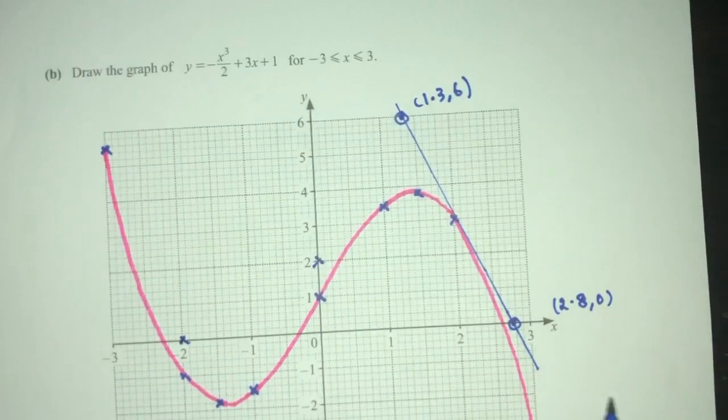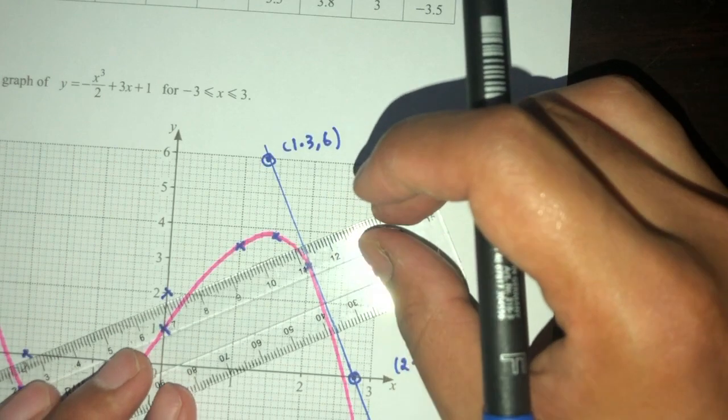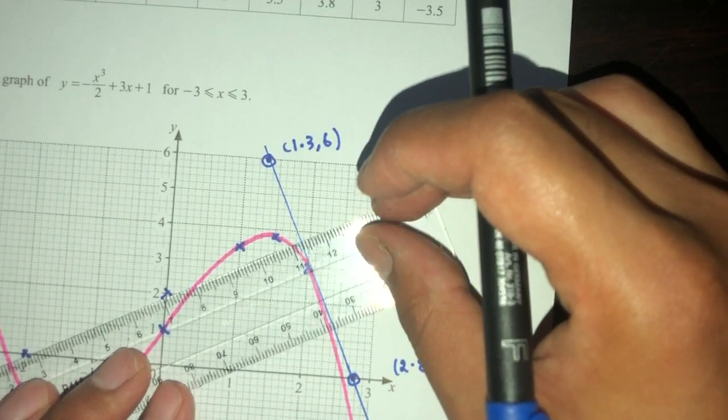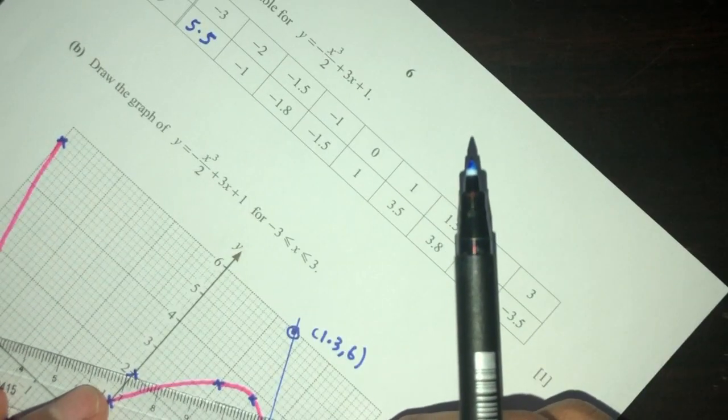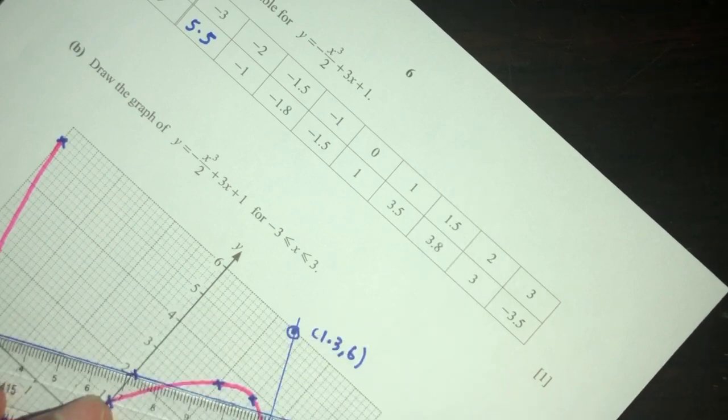Okay, as you can see, here we have the graph, and it's supposed to pass through the points. Now let's try your best to make it pass through the points. Obviously, you have to join those 2 points. There you go.